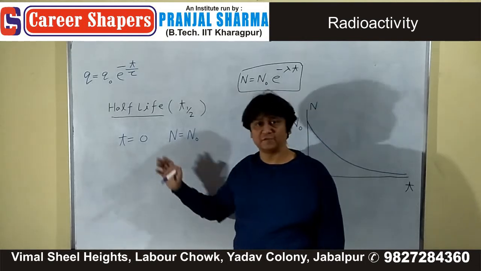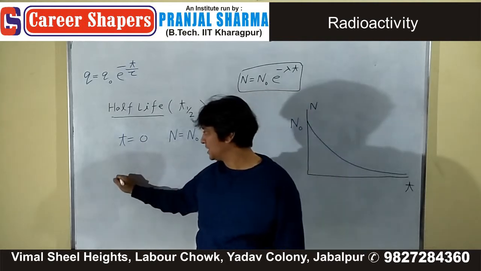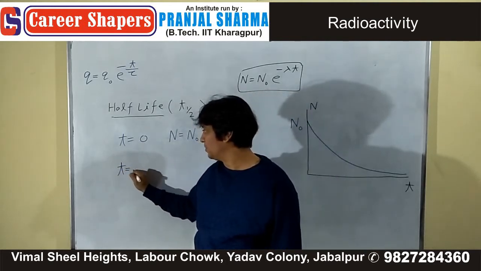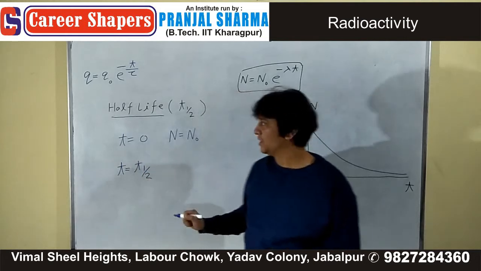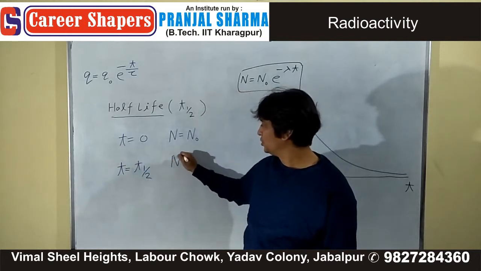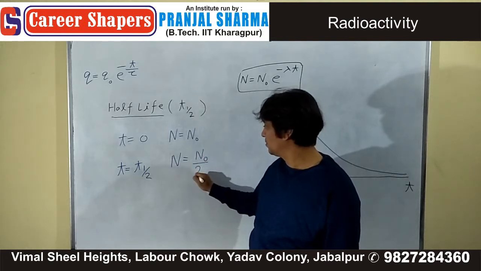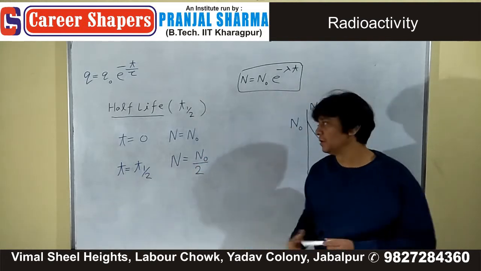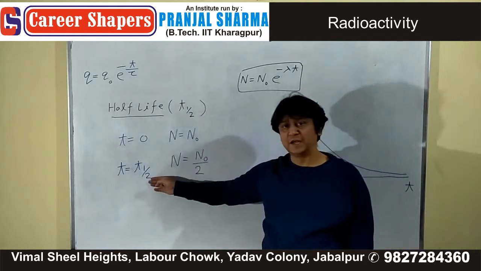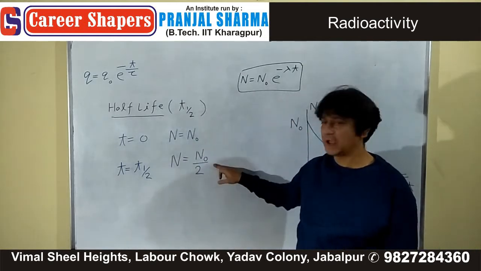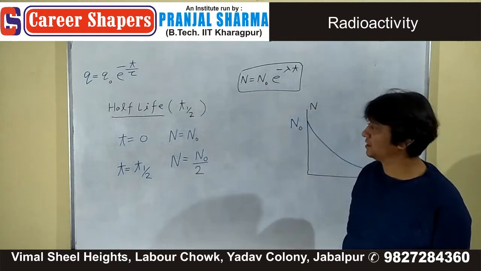If the number of active nuclides at t equals 0 is N naught, then when your t becomes T half, this N should be N naught by 2. This is the theme. In T half time, N naught by 2 nuclides have disintegrated.